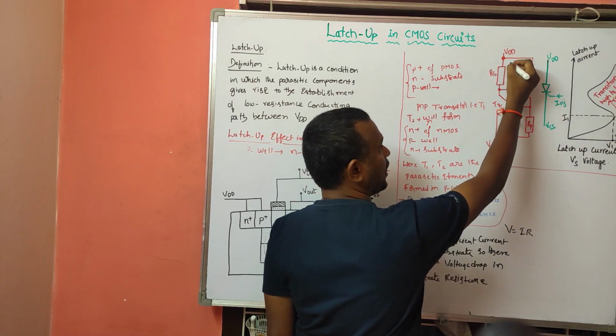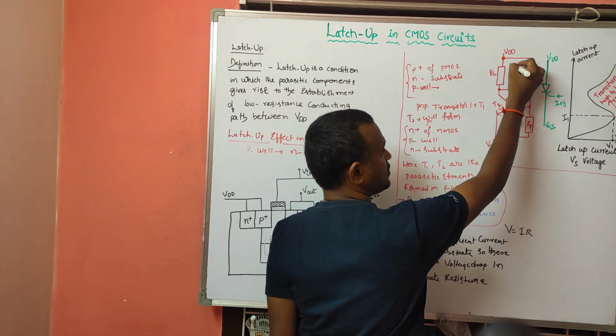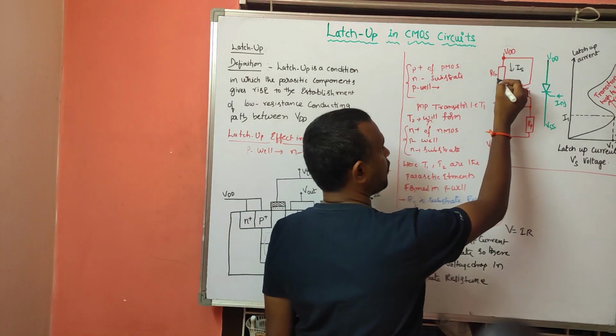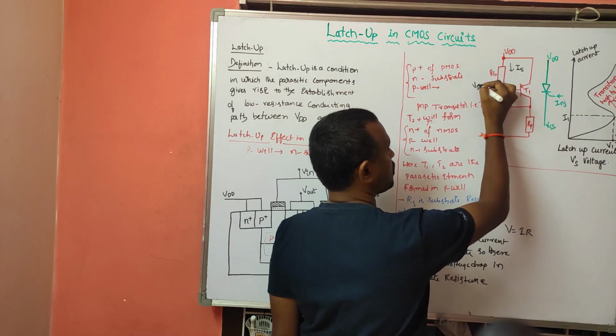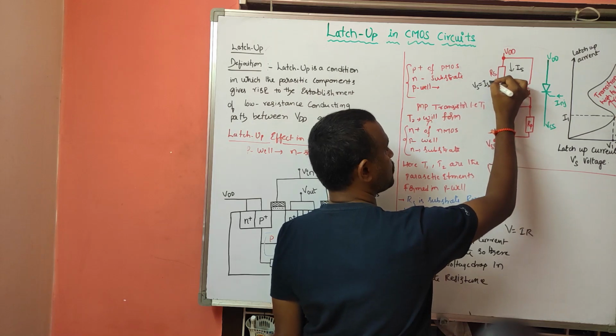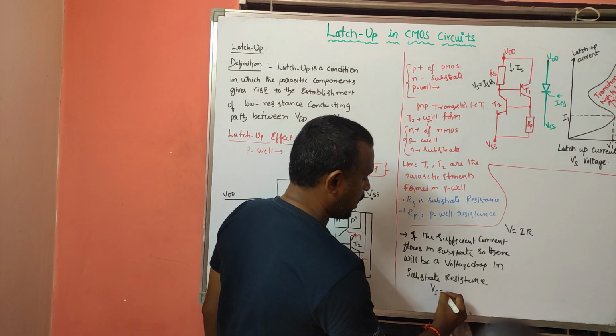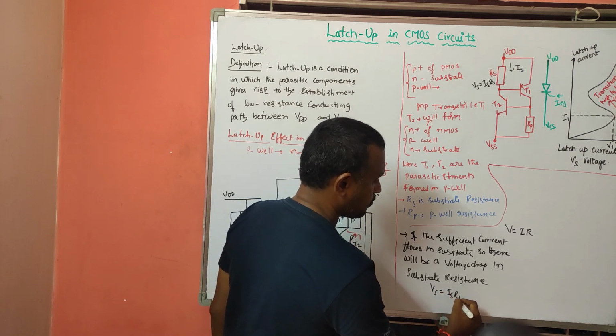When the substrate current IS is flowing, the voltage drop will be IS into RS. So Vs is equal to IS into RS.